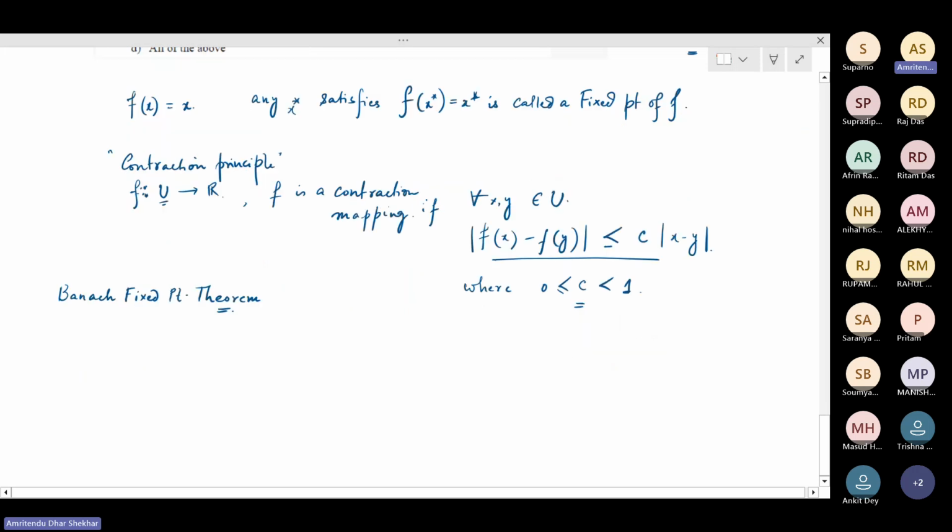It says that if f is a contraction, then it has a unique fixed point.